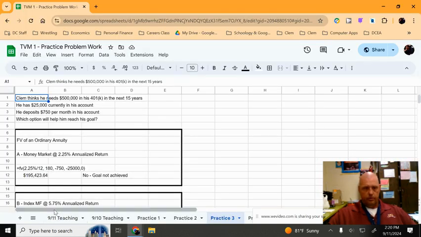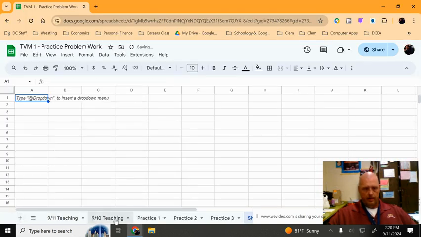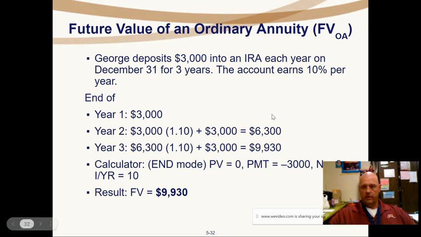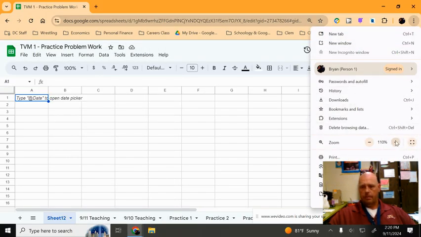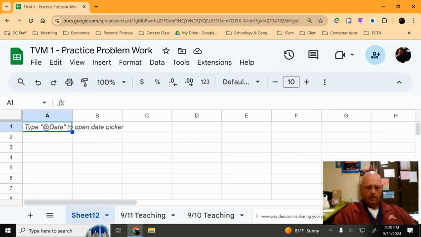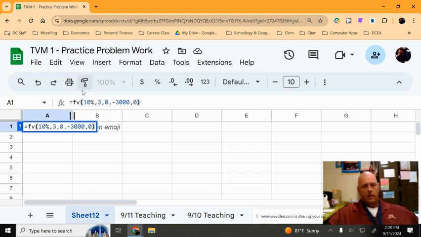So we go to the spreadsheet and look at how we do that, mirroring the same information we got here. It is still a future value calculation. We've got our annual rate of return because we're dropping in an amount annually.